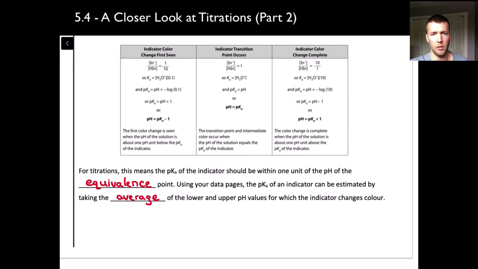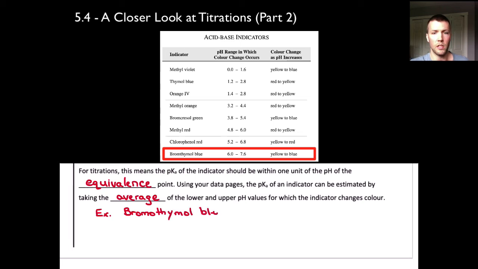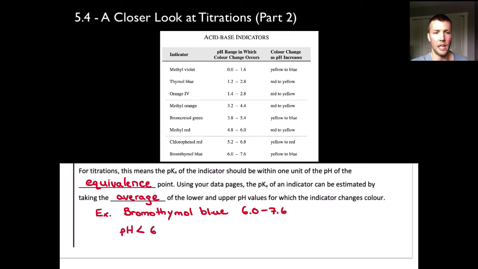So for example, if we look at our data pages and we look at bromothymol blue, you can see that it has a pH range of 6.0 to 7.6, where it's going to be changing colors. So at a pH below 6, that means that the yellow protonated form of this indicator is going to be predominant.